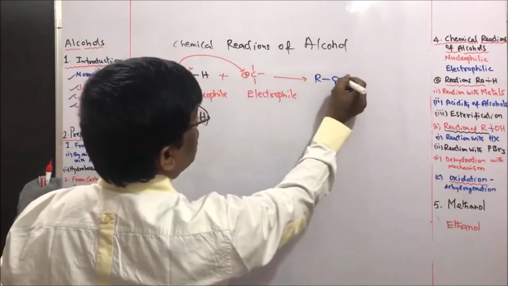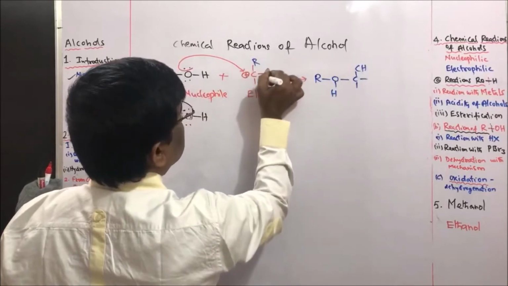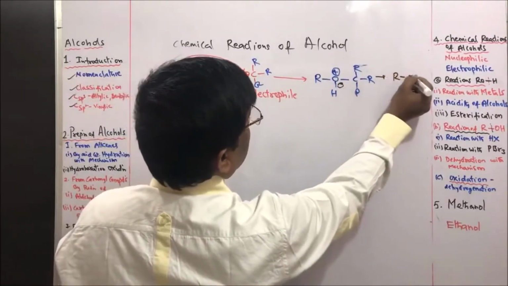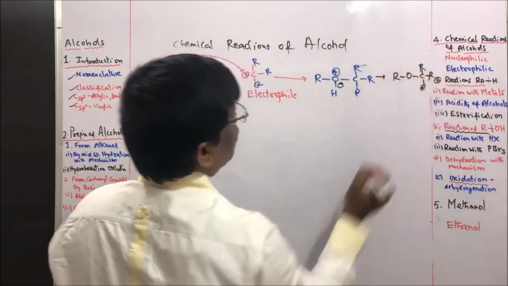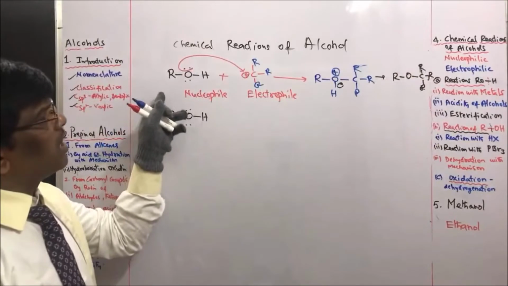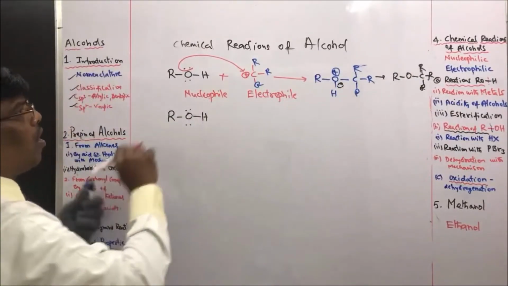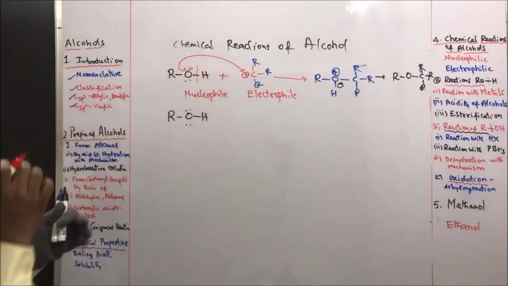Then it reacts with the electrophile to give R-O-H, with the remaining R groups here. I am writing it down: R-O-C, with the R groups. So in the overall reaction, what is going to happen? The bond between this oxygen and hydrogen is going to be detached.